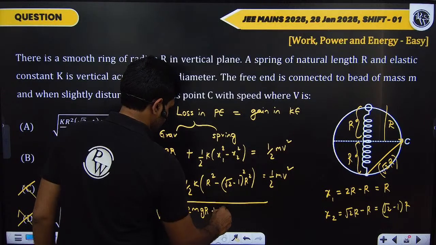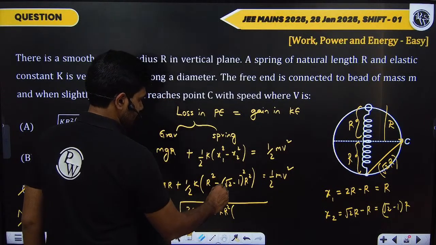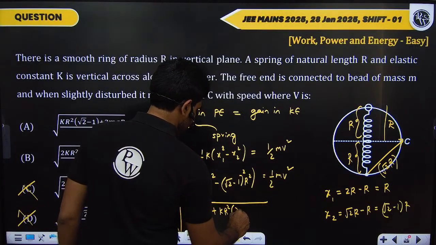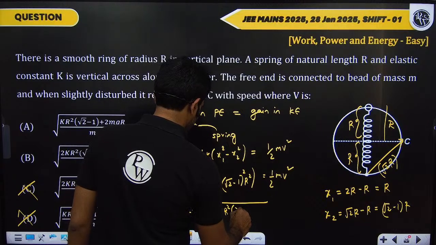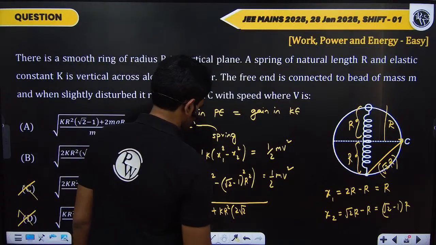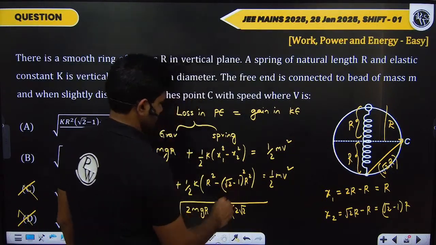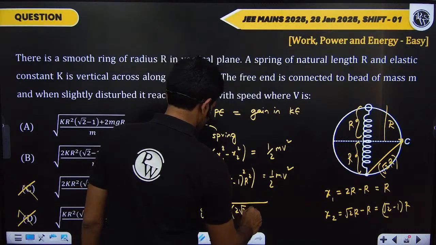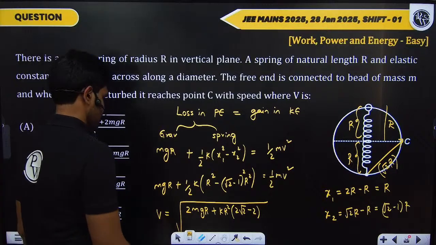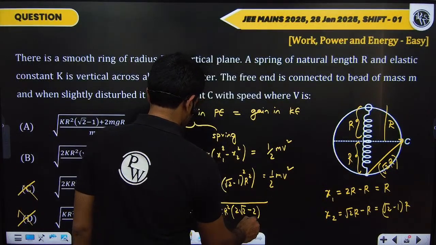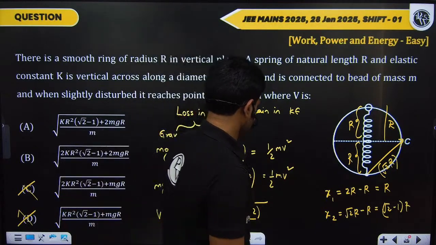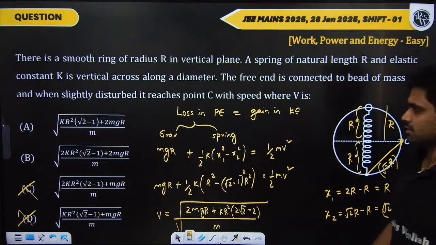K r square is 1 minus root 2 minus 1 whole is 2 minus root 2.